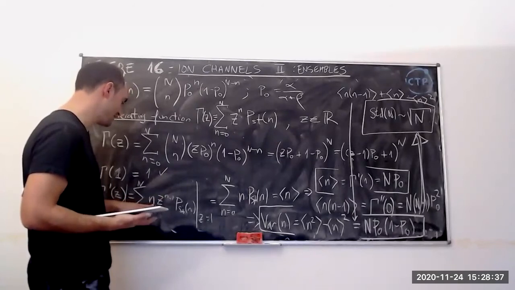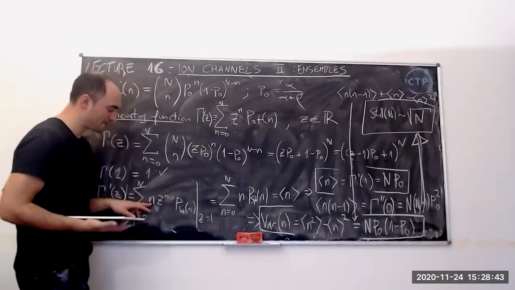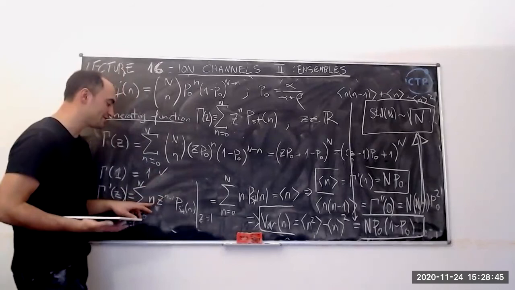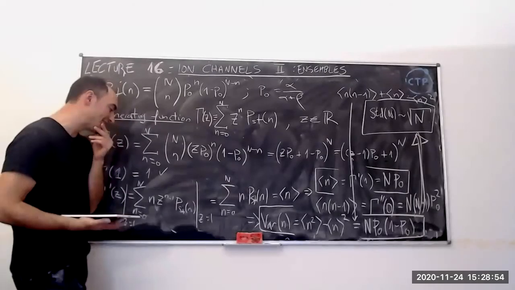You take another derivative. Take one derivative, you have this. Now you take the second derivative, so it will be n minus 1, z to the n minus 2. And then if you put z to 0, there is n minus 2.